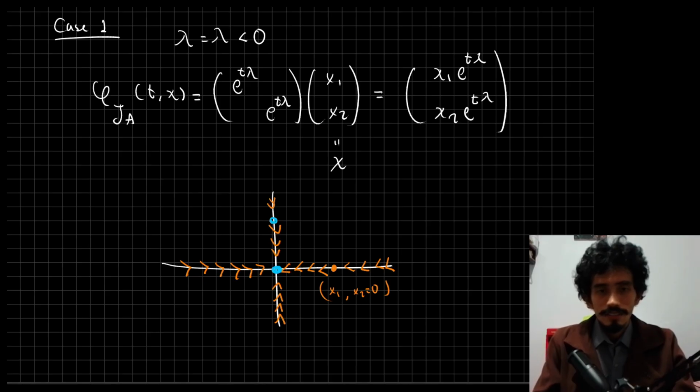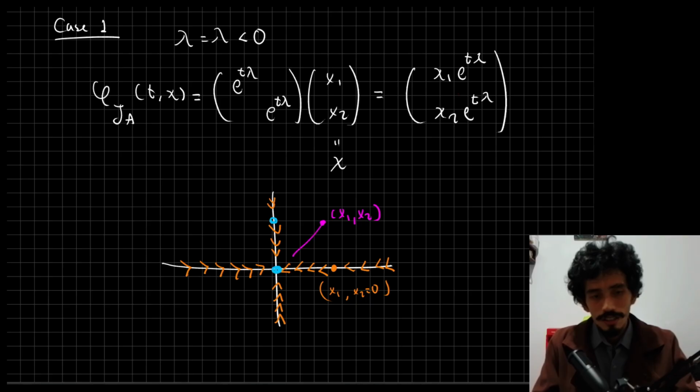And now the relevant case is what happens when we take a point here, when both are positive numbers. When t goes to infinity, the same argument shows that this goes straight into the origin.